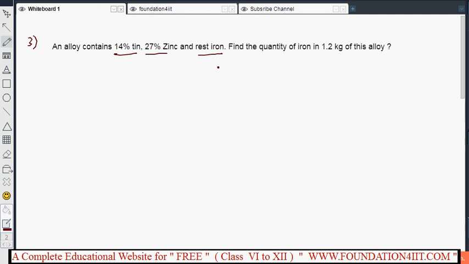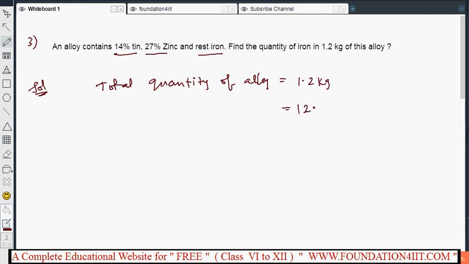So total quantity of this alloy is equal to 1.2 kg. So we'll convert into grams. 1.2 kg is equal to 1200 grams.